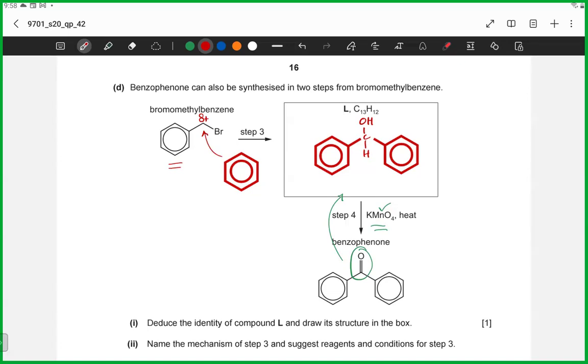So if I go in the forward direction, the only possibility is how do you go from a halogenoalkane to two benzenes, right? The only possibility in that direction is the two benzenes, if I just copy it. Okay, so the other possibility is that you're not going to have an OH. It's just going to be carbon with two H's.